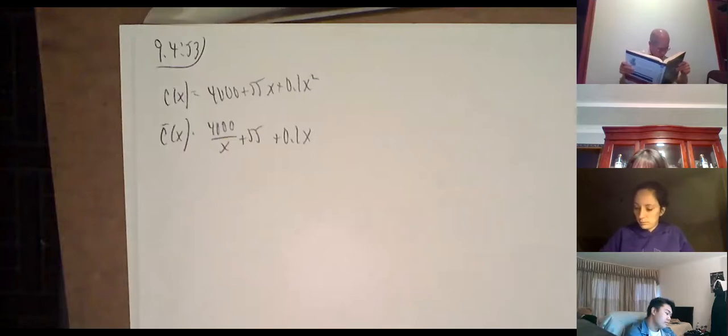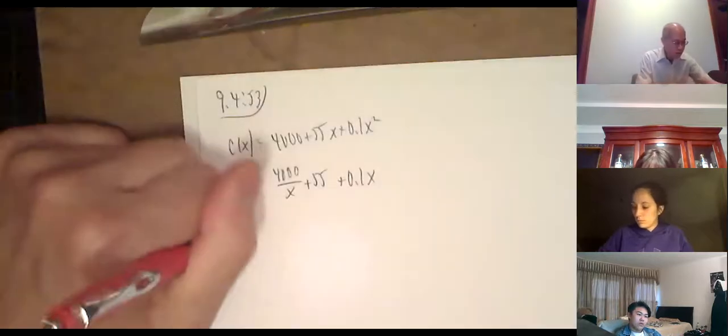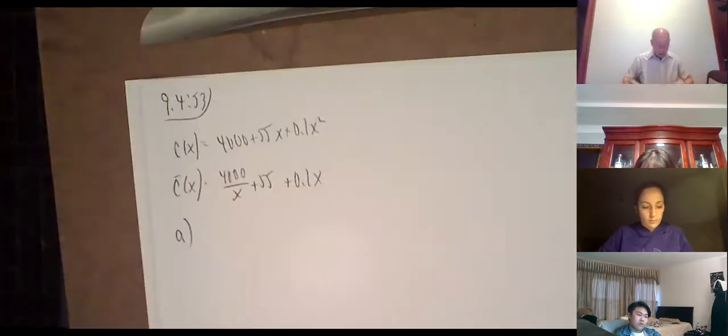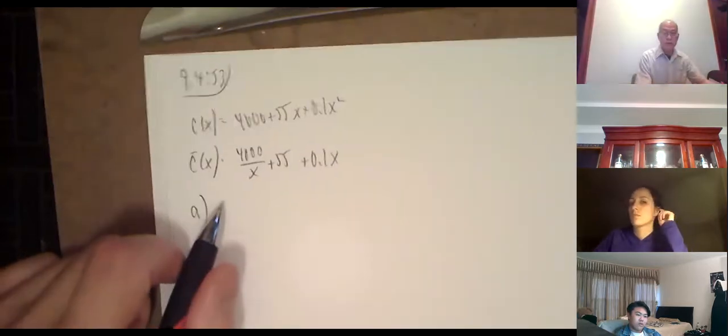Find the instantaneous rate of change of cost and find the average cost. Well, yeah, so you pretty much have to do all of it. So A, find the instantaneous rate of change of average cost with respect to the number of units produced at any level of production. So I need the derivative of this.